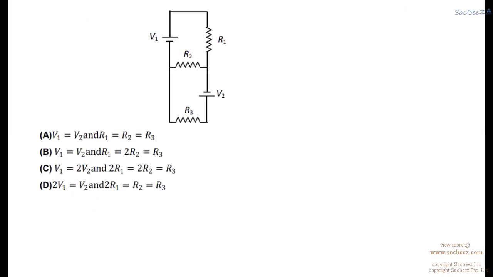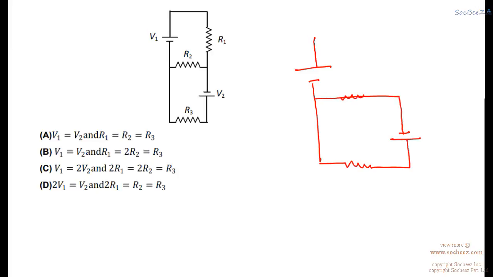Now if we apply KVL here, first let's draw the circuit. Drawing the circuit, here is R2, and so this is the circuit given to us.